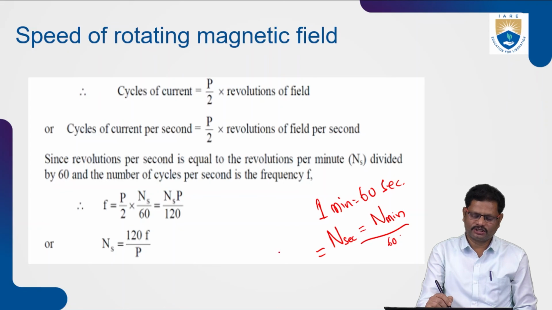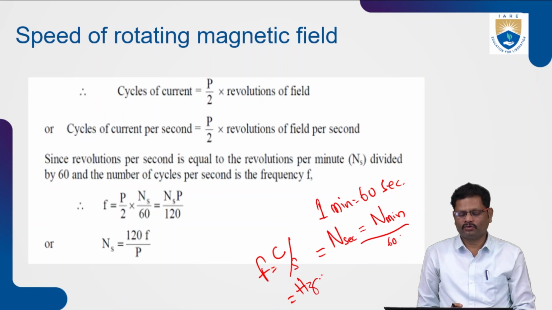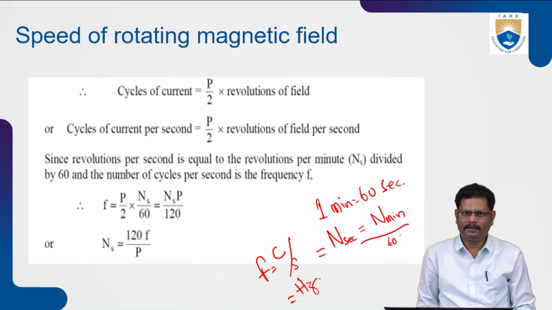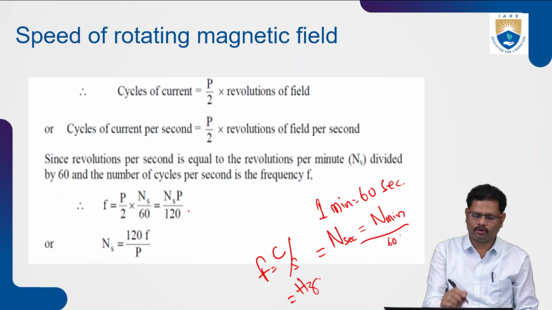The number of cycles per second is nothing but the frequency, which is in hertz. So frequency equals revolutions per second times p by 2, and revolutions per second is nothing but Ns by 60, so f equals Ns p by 120.